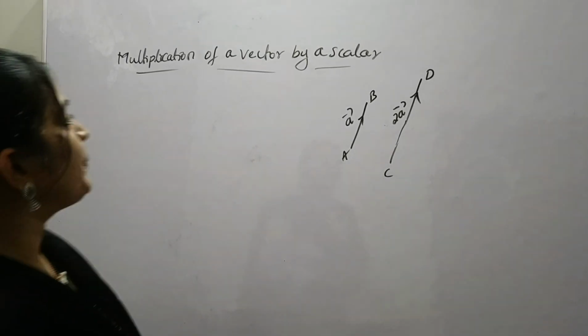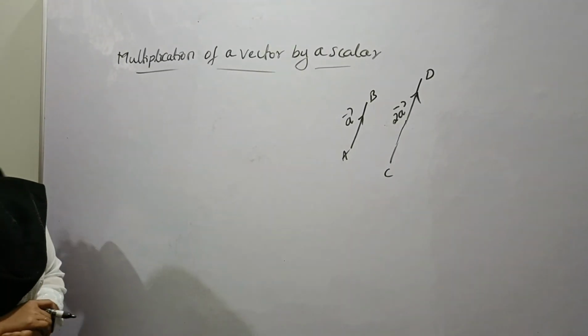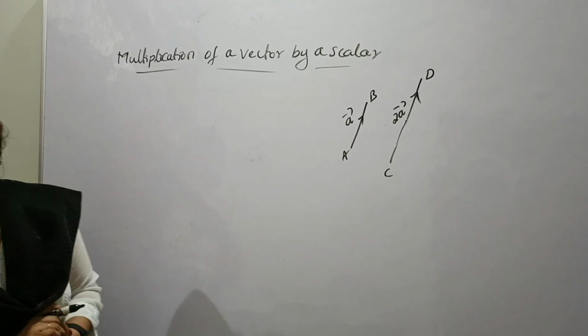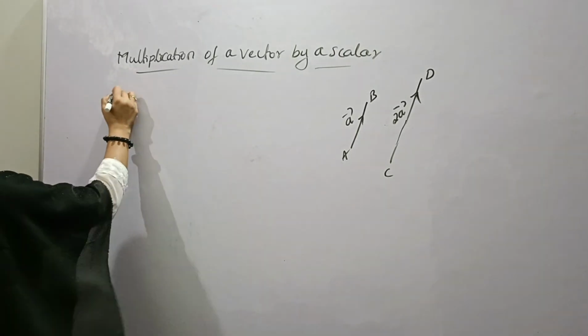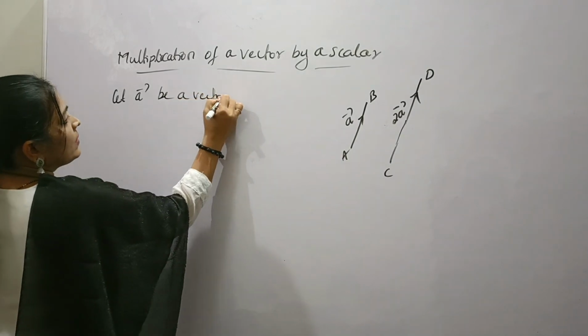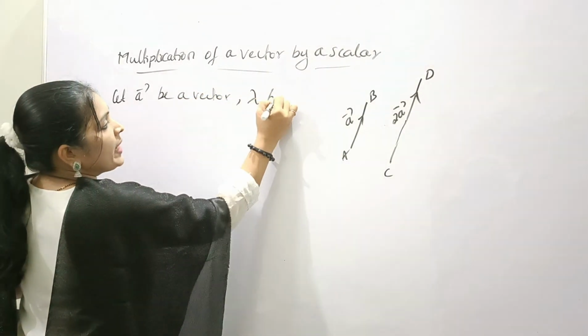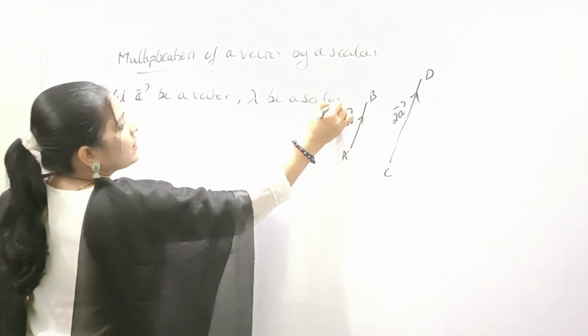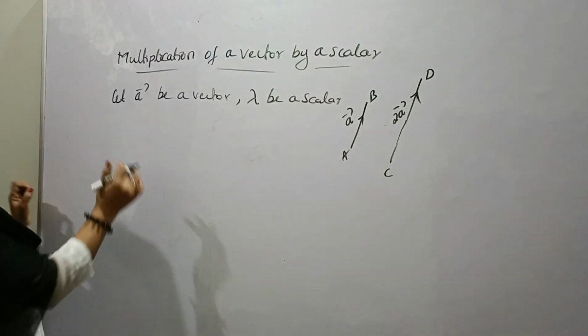Now we are going through multiplication of a vector by a scalar, that is, scalar multiplication of a vector. For that, let vector A be a vector and lambda be a scalar, that is, any real number.